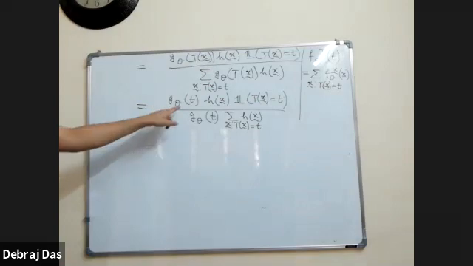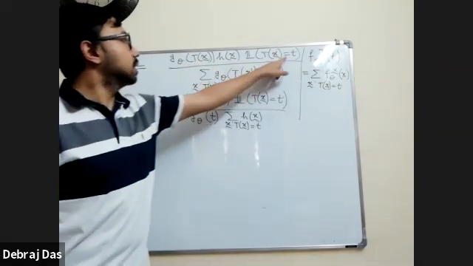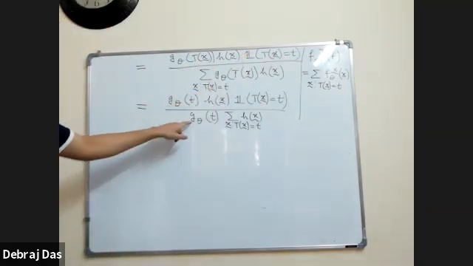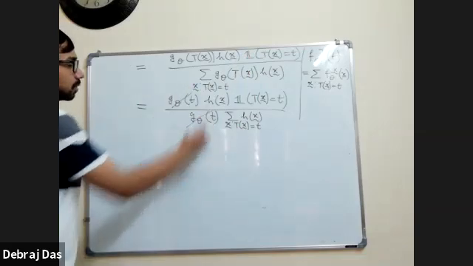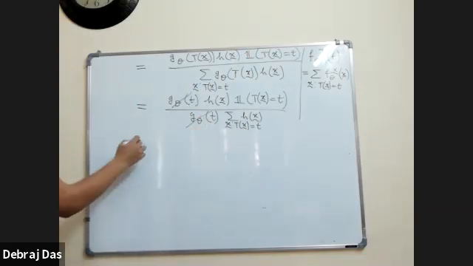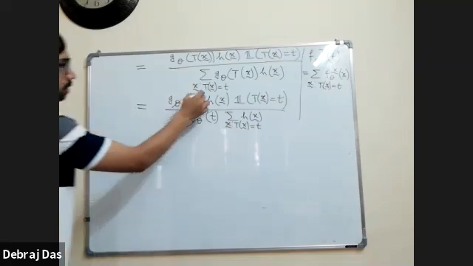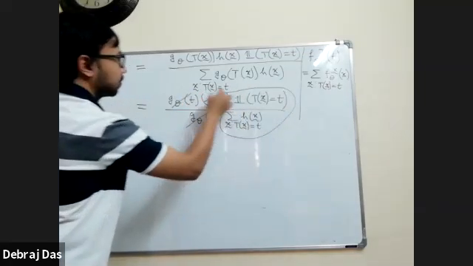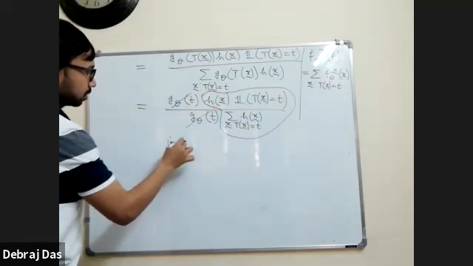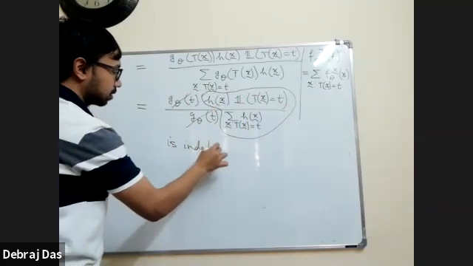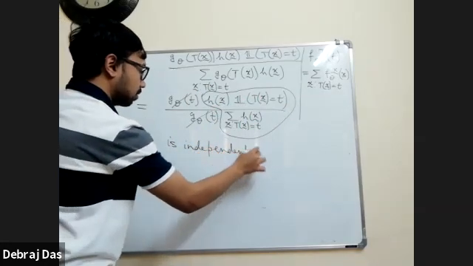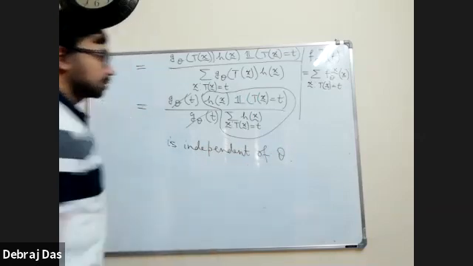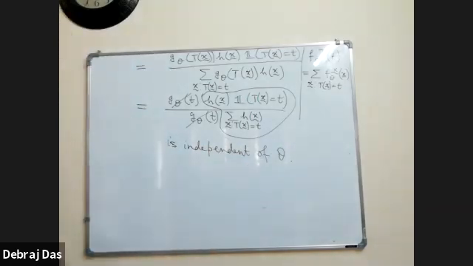Whenever I put Tx square equal to T, these two things will cancel from the numerator and the denominator, and the thing that remains is independent of theta, right? There is no theta inside this part.